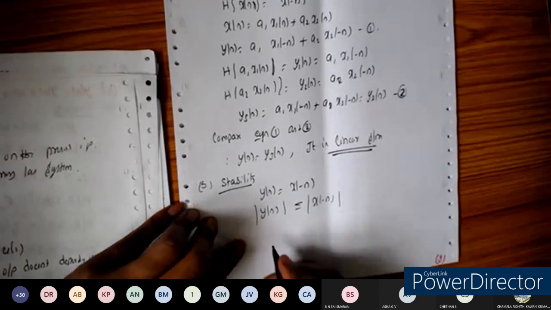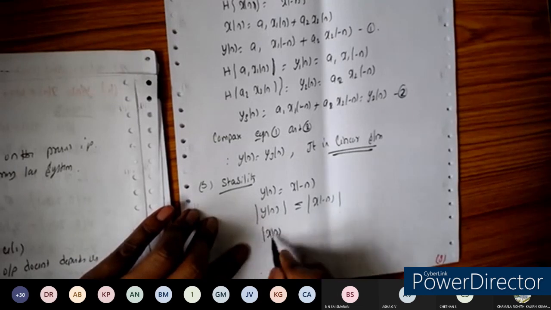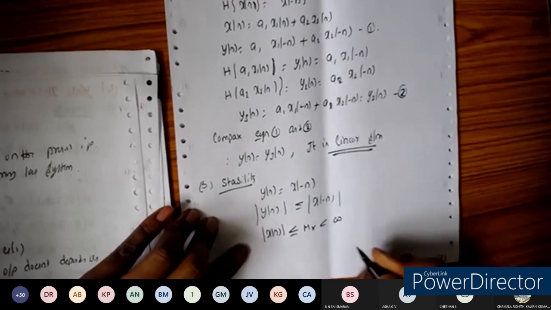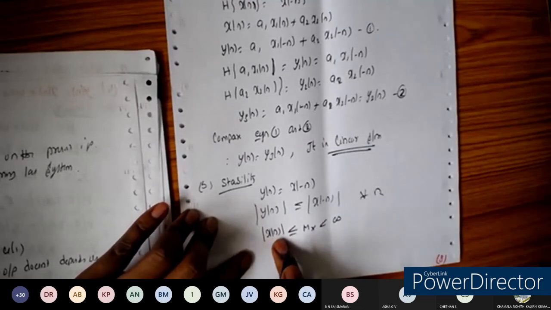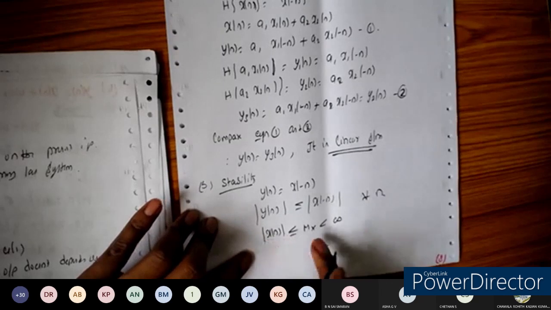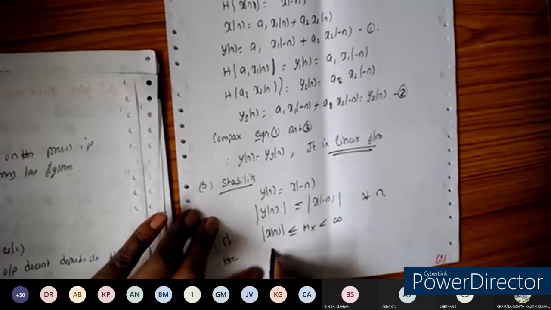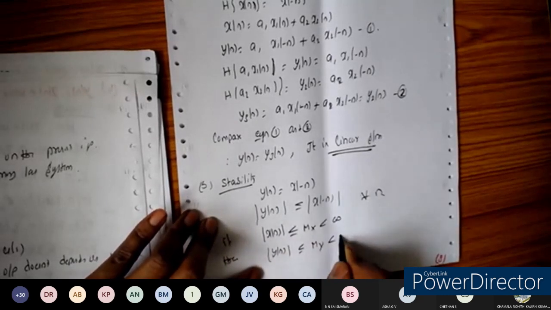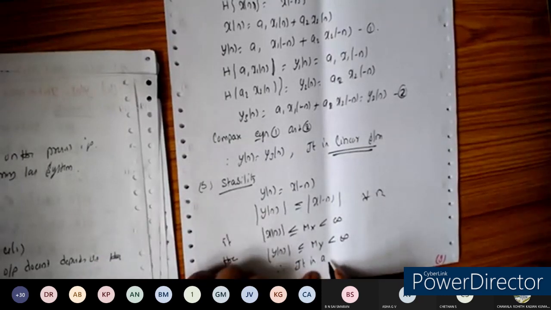Because if the magnitude of x of n is bounded by a value Mx less than infinity for all values of n, where n can take positive or negative values, then y of n is also going to be bounded with a finite value for all values of n. Therefore we can say it is a stable system.